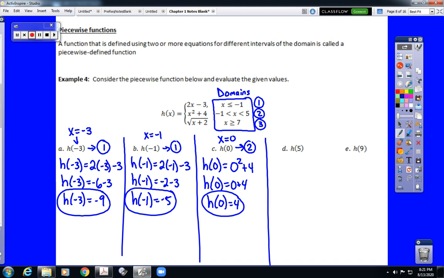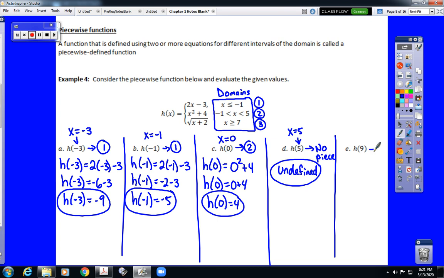The next one is h of 5. Now notice that this says less than 5. So x is equal to 5, and that is not in any of our three domains. So this is undefined. If the x value is not in the domain, it is not defined for that function.